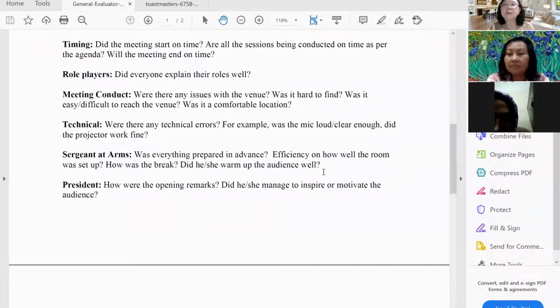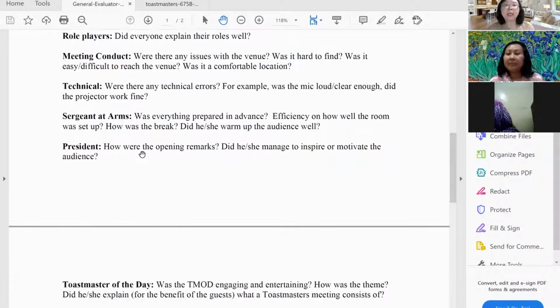Because if the guests feel comfortable and feel greeted, it's more likely that they will come back to the next meeting. So if they don't greet the guests, you can suggest that next time they try to greet the guests, or if someone is in charge of greeting the guests, that is even better, because then we know that someone is in charge.